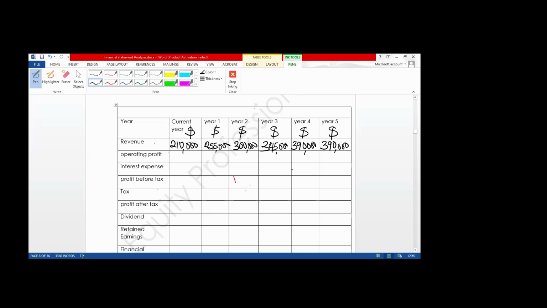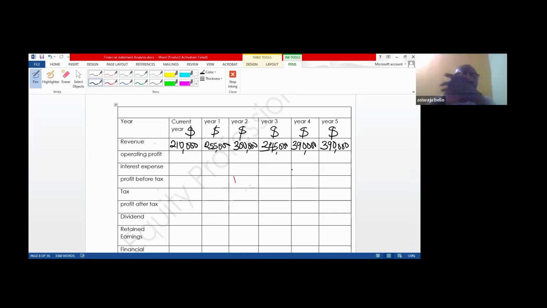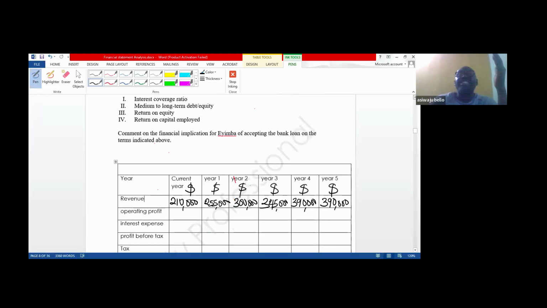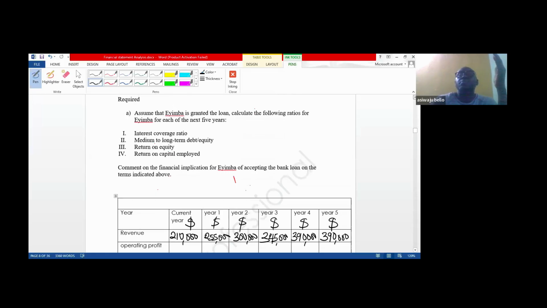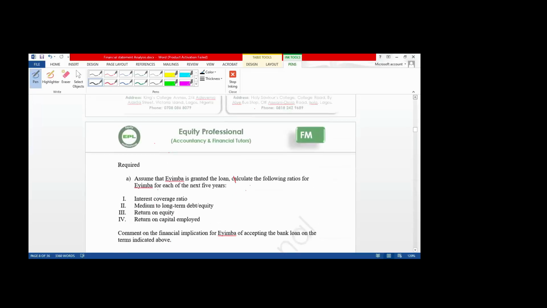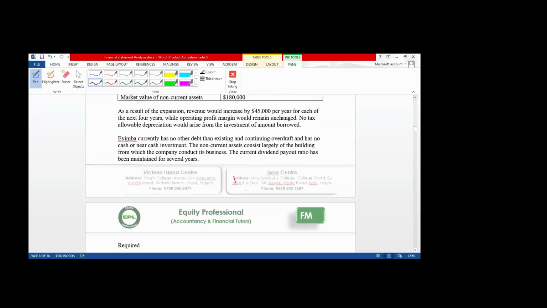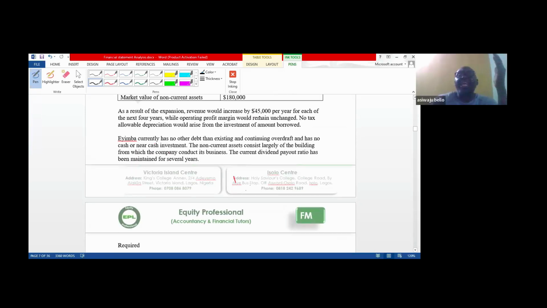No, hold on. Examiner says revenue will increase for the next 4 years. Pay attention to the examiner's instruction: revenue will increase by $45,000 per year for each of the next 4 years.